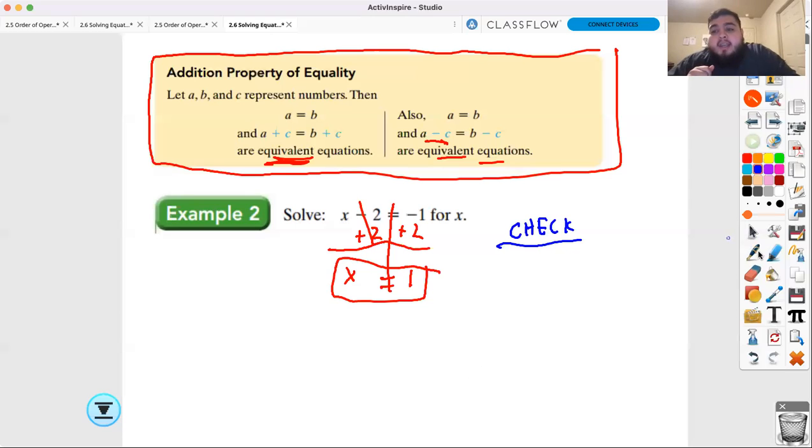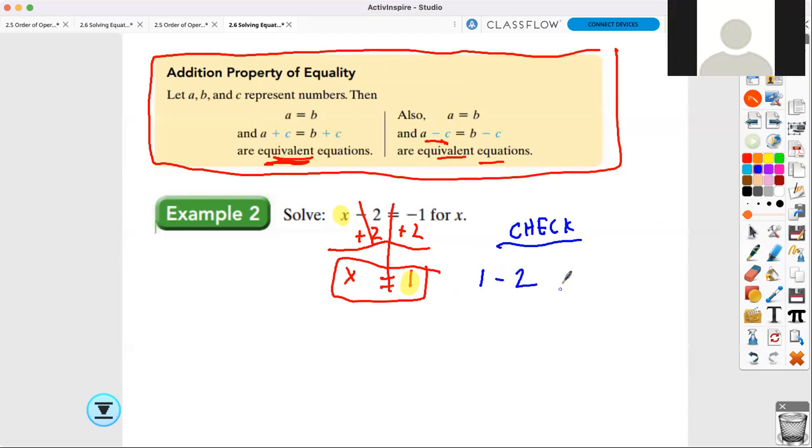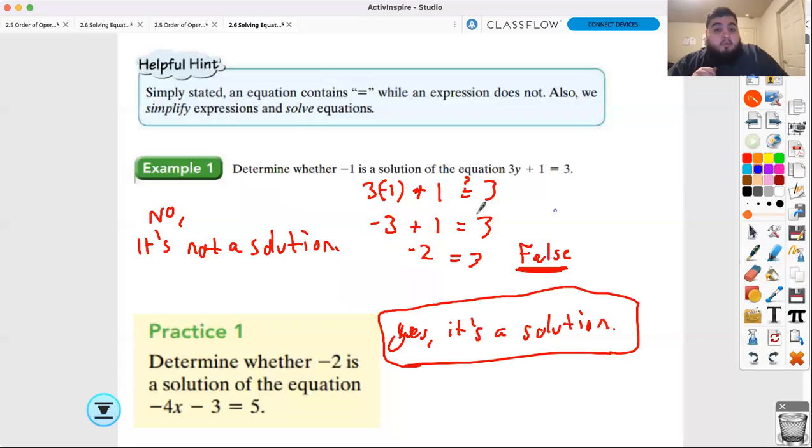The way you check is you plug in the solution that you found into the original equation for X. So then we get 1 minus 2 equal question mark -1. So it's pretty much what we did here. We're determining if it's a solution, right? We're plugging it into the original.